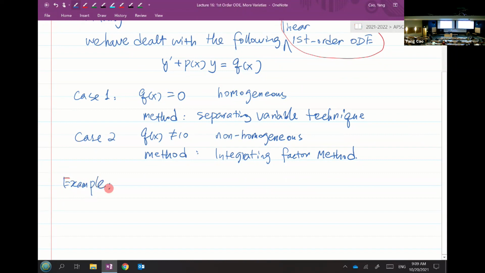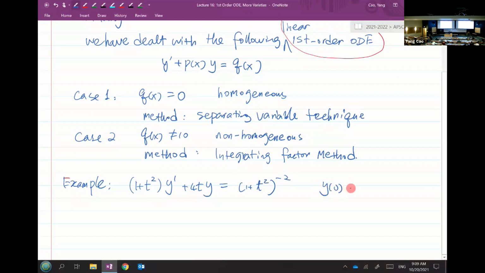One more example regarding this integrating factor method. Here's the first order ODE.